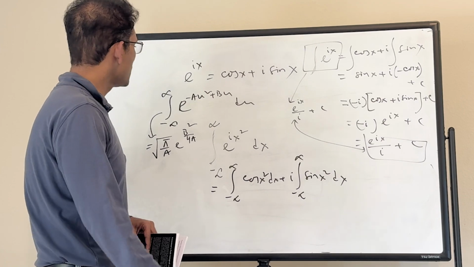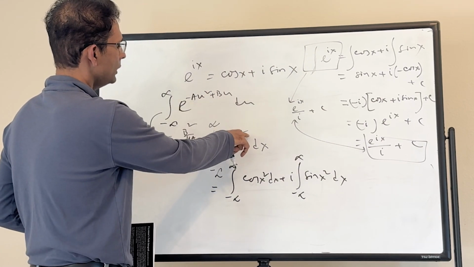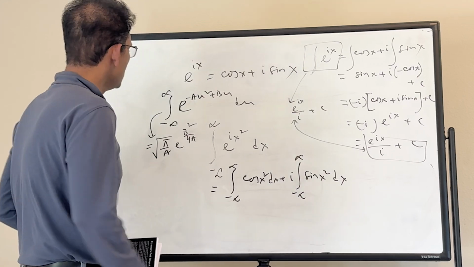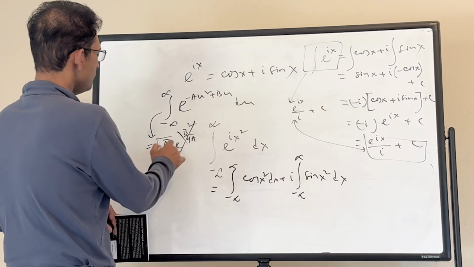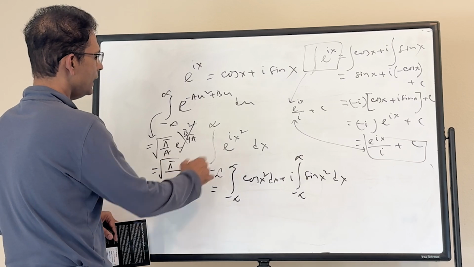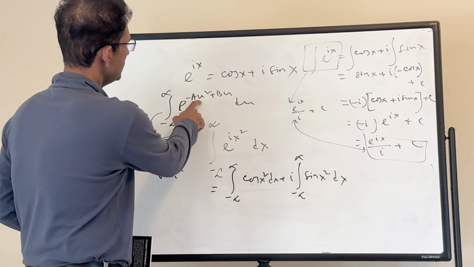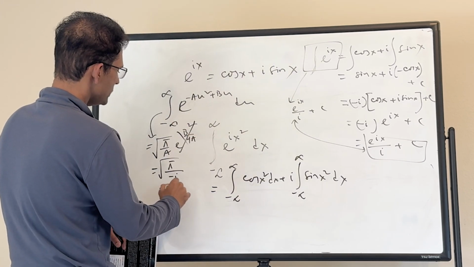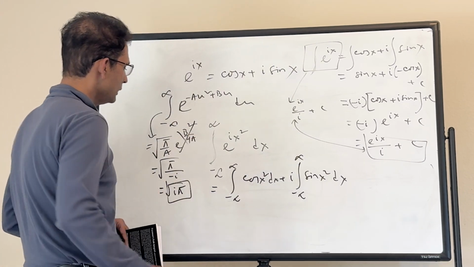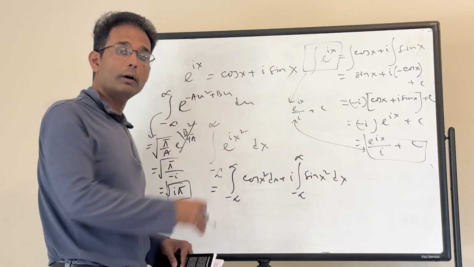For this case, b is equal to 0, since you don't have any term multiplying x, so that exponential is just going to be 1. And then square root of pi over a: a is negative i, if you just compare these two, so you get a equal to negative i. So your answer is square root of i pi. I get a result by using this formula blindly for this integral.